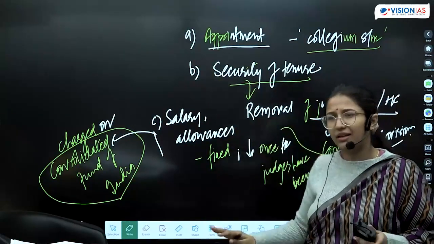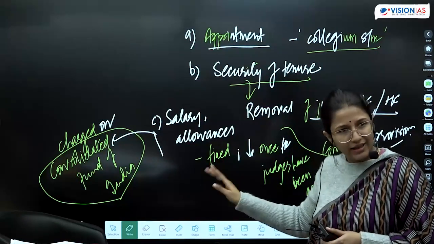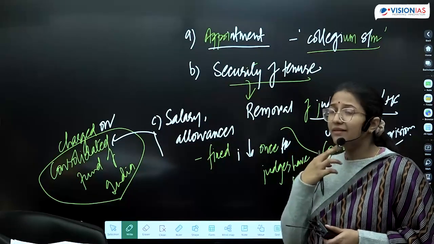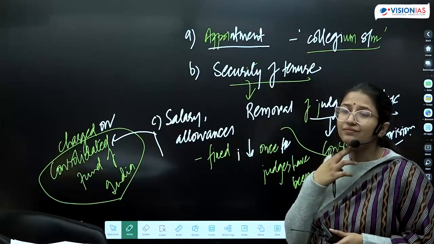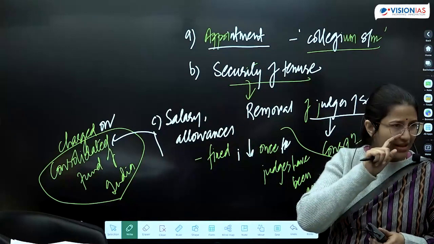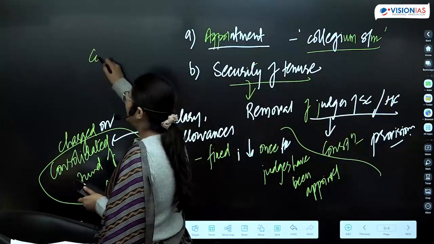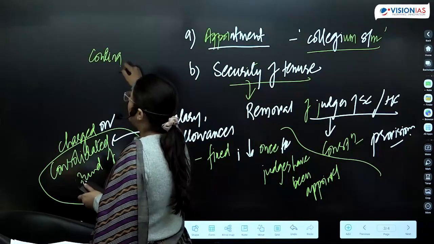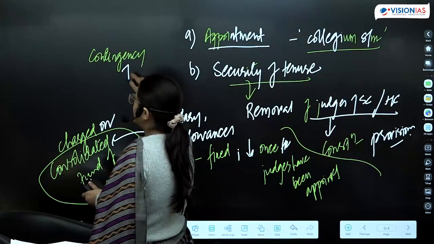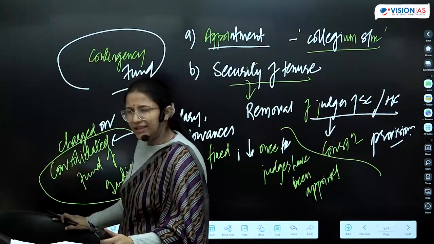The money is to come out from the Consolidated Fund of India. And when there is an emergency, there is a different fund, that is the contingency fund. Yes, we also have something known as the contingency fund.